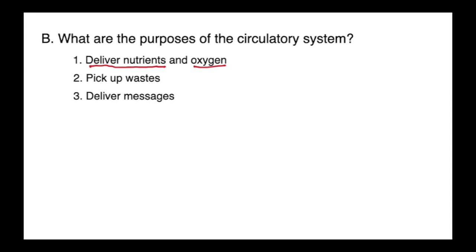They're also like garbage trucks. They go and they pick up waste, and they're like FedEx or Purolator Courier. They deliver messages, or like an email or a text message. Okay? All right. Good. Moving on.